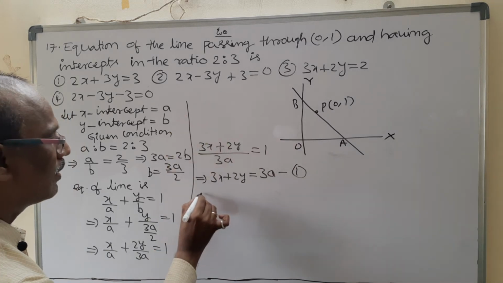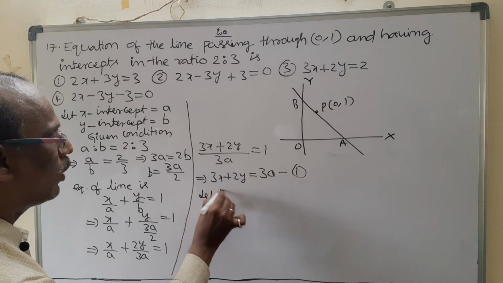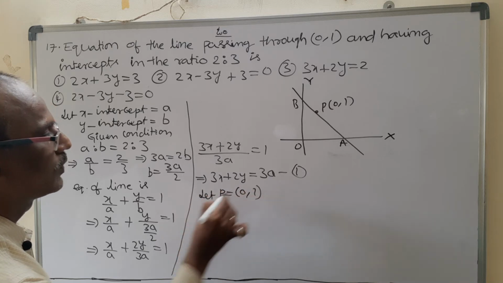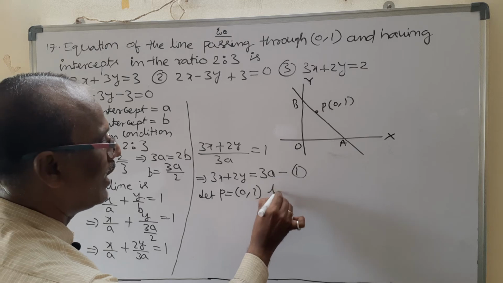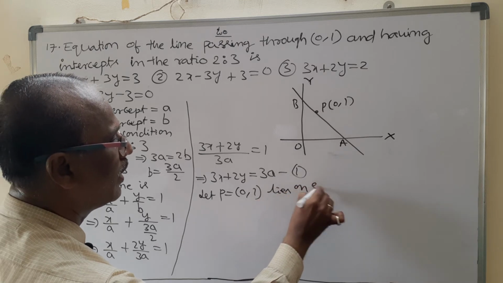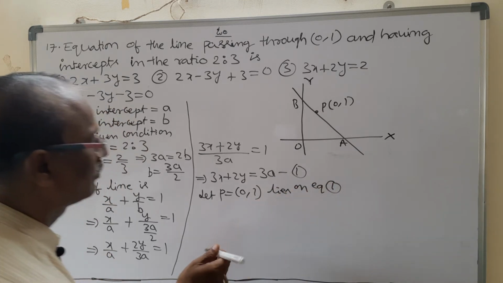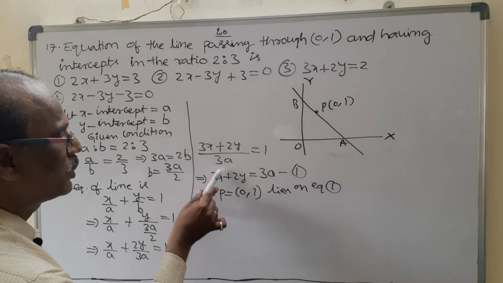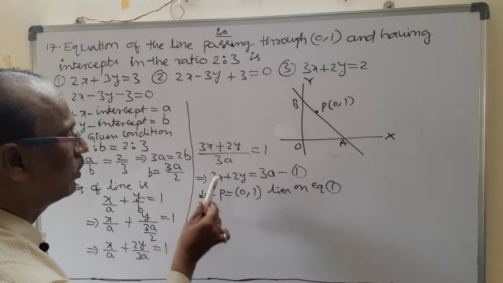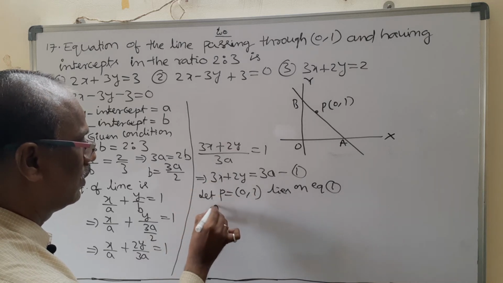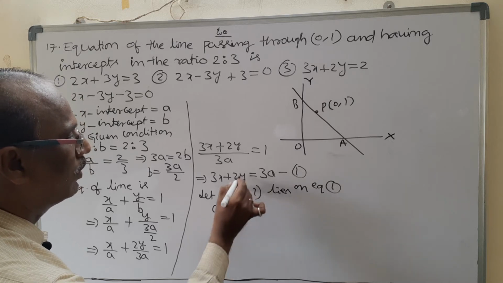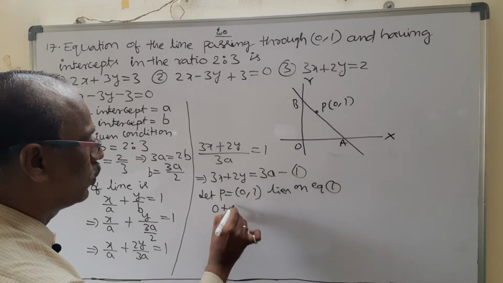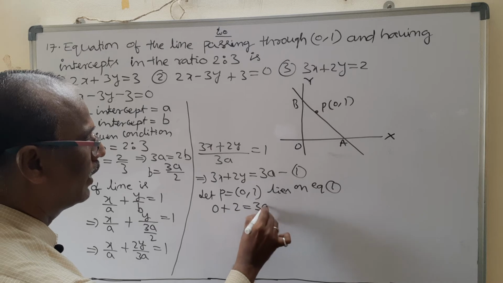Here one point is given. Let P equal to 0, 1 lies on equation 1. Substitute x as 0, this is 0. Y value 1, 2 into 1, 2 is equal to 3a.